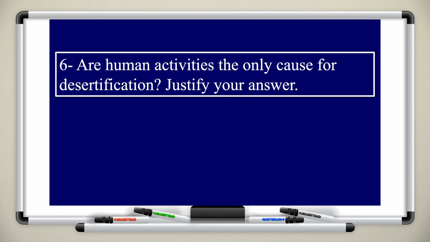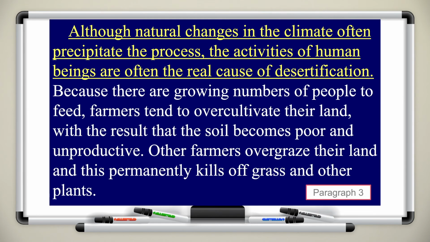Meaning, you can't write yes or no and stop right there. You have to justify why you said yes or no. Let's find the answer. Although natural changes in the climate often precipitate the process, the activities of human beings are often the real cause of desertification. So is it the only cause? Are human activities the only cause?